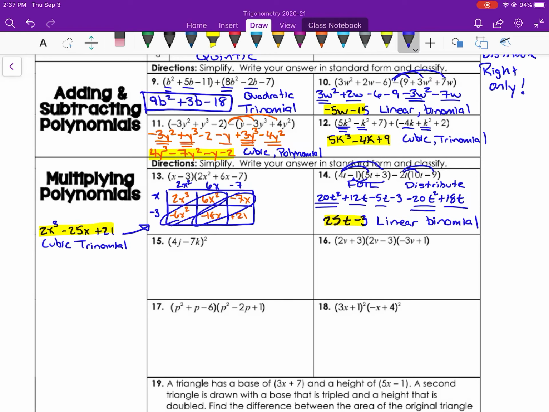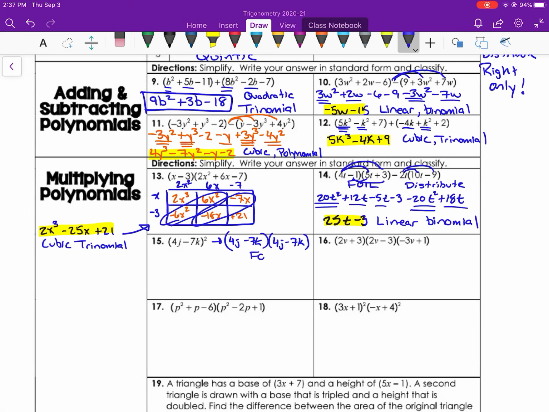Alright, just moving along. Whenever you see this quantity squared, it just means you gotta write the problem out twice. So we get 4j minus 7k times 4j minus 7k.